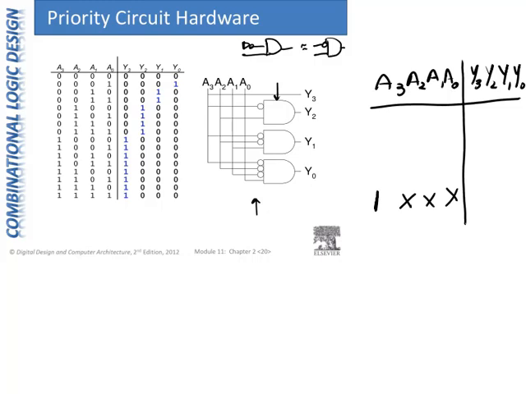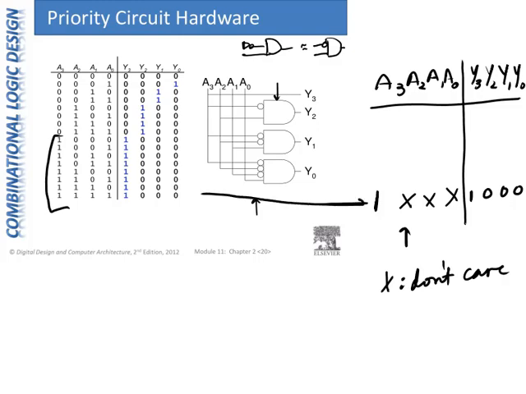We can use the don't care symbol, or X, on the input as well. In this case, if A3 is 1, no matter what, Y3 is going to be 1. So we basically collapsed these 8 rows of the table into a single row.